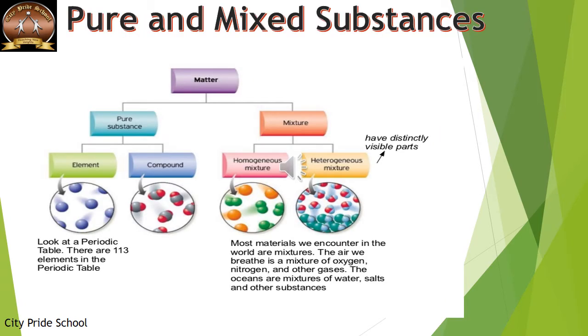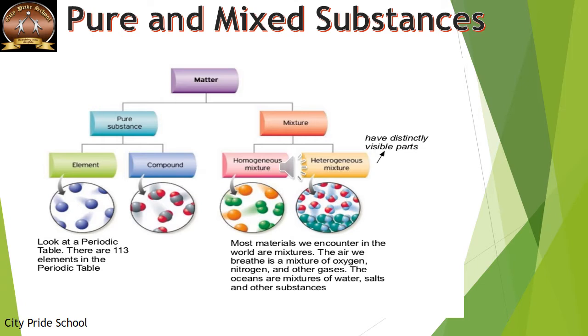Now we begin with the first topic, that's pure and mixed substances. Now matter, as you know, is anything that occupies space and has weight or mass. Matter could be divided into two main groups, pure substances and mixtures. Under pure substances, we have elements and compounds.